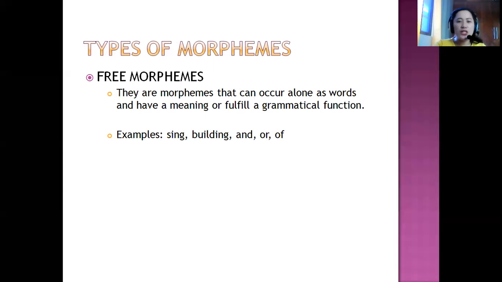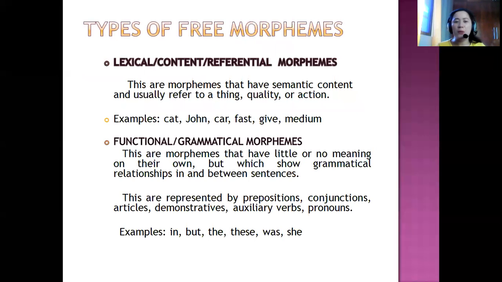For you to understand more what free morphemes are, let's divide this into two, since there are also two types of free morphemes. First is the lexical morpheme, also known as content morpheme or referential morpheme. What are these morphemes?